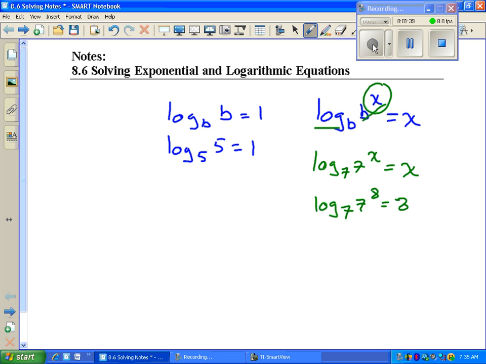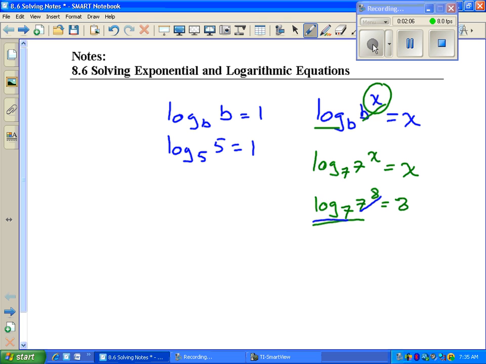Now I said, okay, well, we can move the 8 to the front, and then say log base 7 of 7 is 1. But I don't actually have to move the 8 to the front. I can just say log base 7 of 7 to the 8th power is 8. This lets me know that the log and the exponent are inverses. They cancel each other out. So we're going to be using this idea.